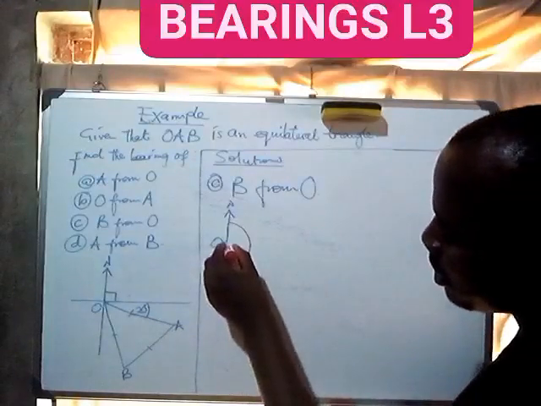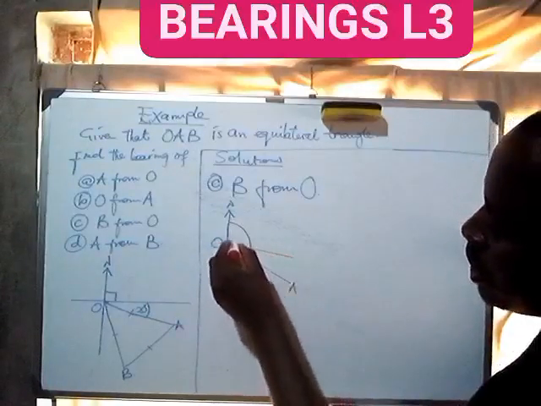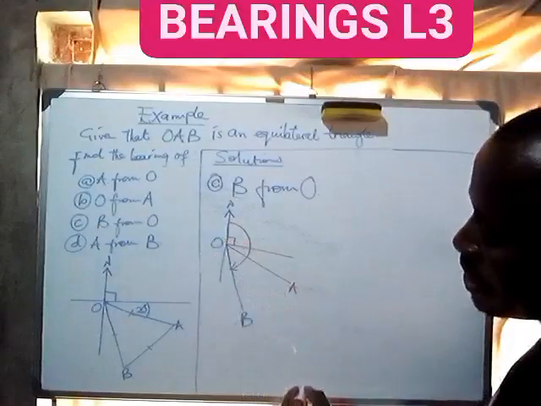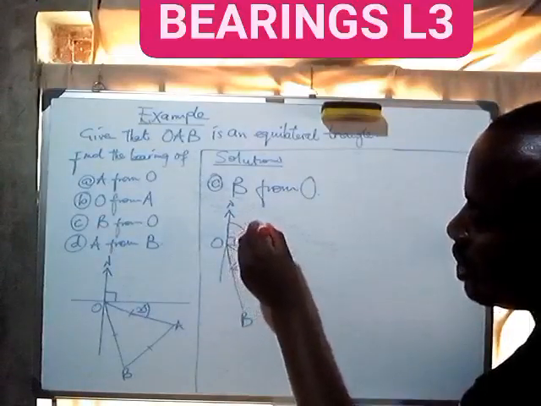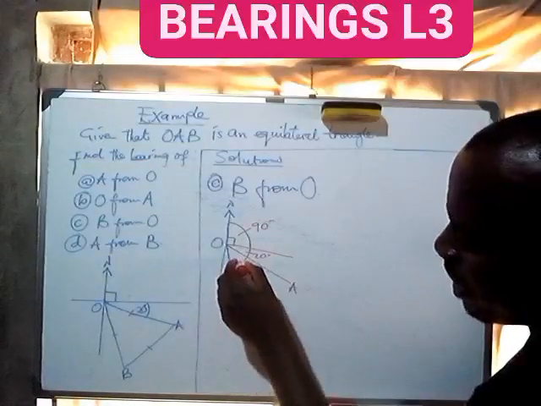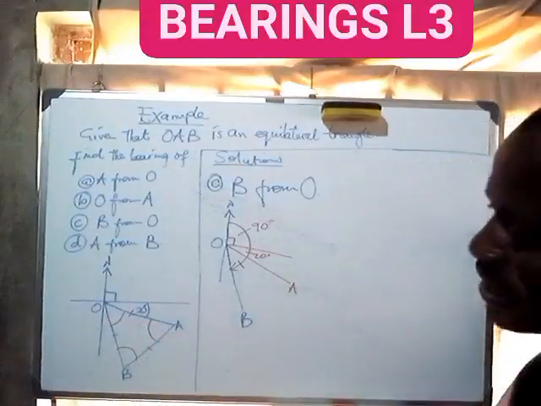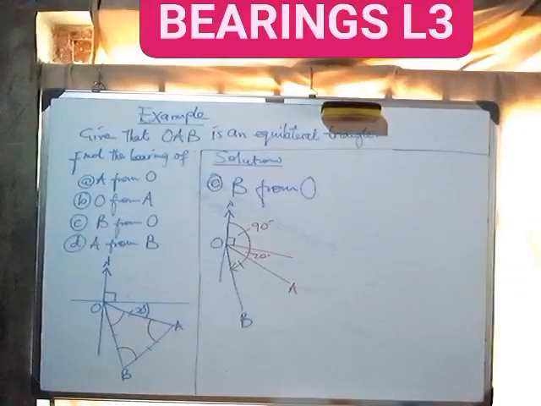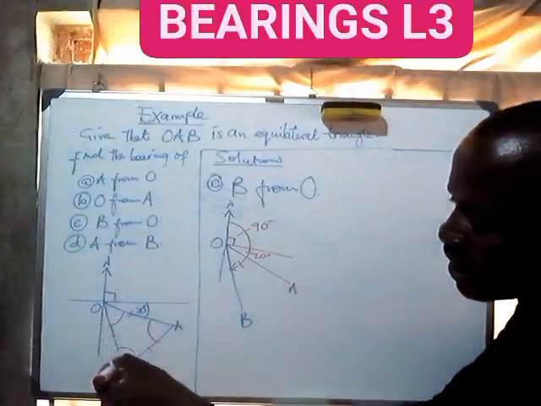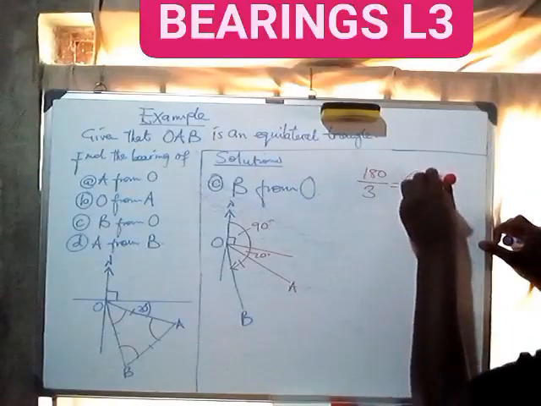Now remember, this one is 90 degrees. So we have 90 there, plus this is 20, then plus, what is this angle? Remember from what we were discussing earlier, this is an equilateral triangle, meaning for us to find an individual angle, we say 180 divided by 3, and it gives us 60.